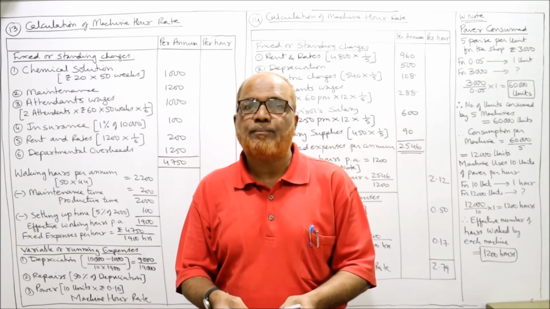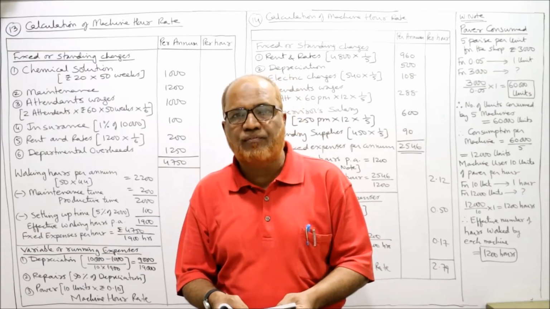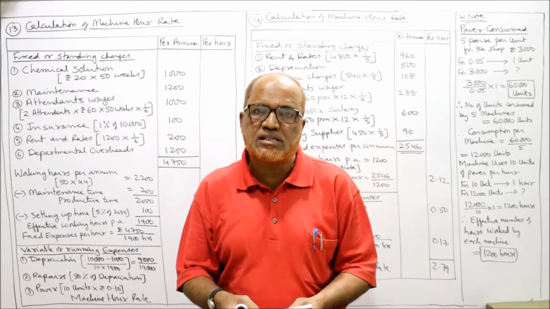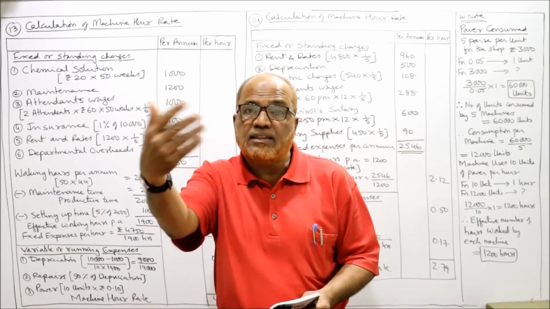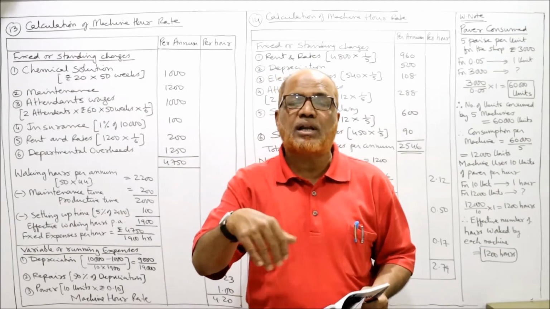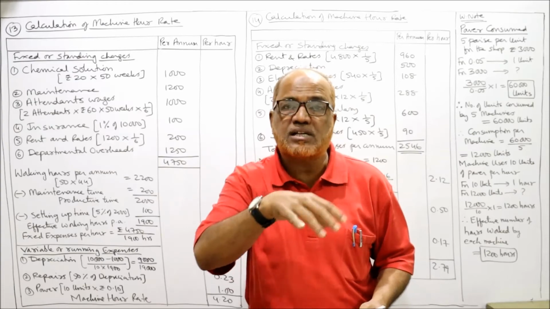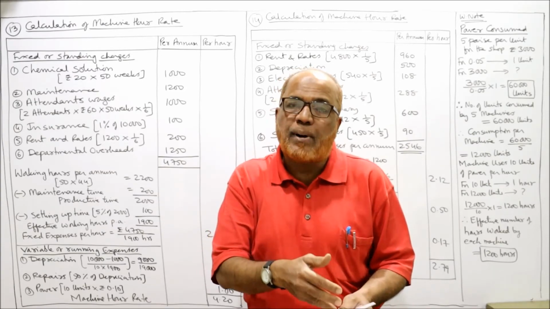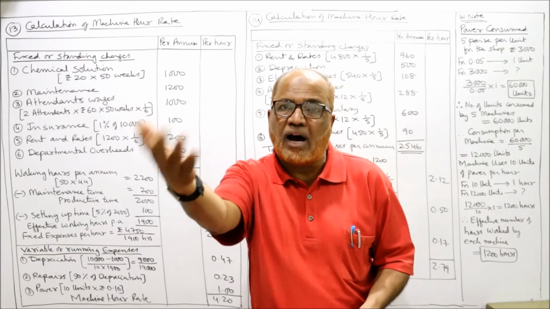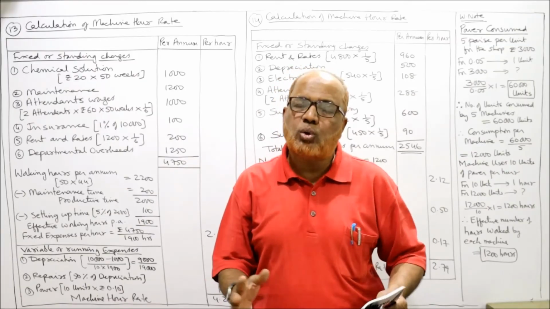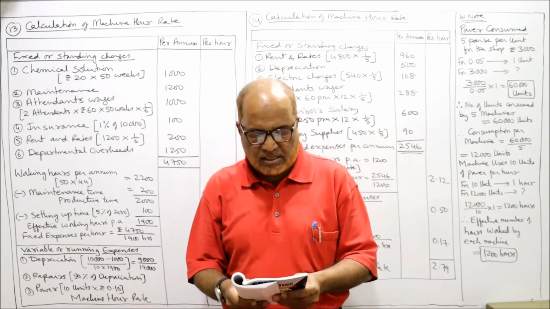So 60 rupees per week into 50 weeks for 2 attendants. That means total number of machines are 6, because apart from this machine, 5 other identical machines are there. So total number of machines in the department is 6.